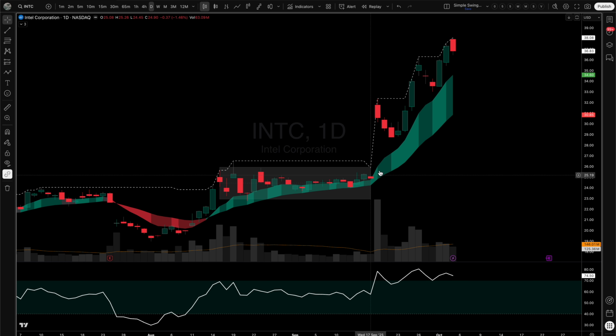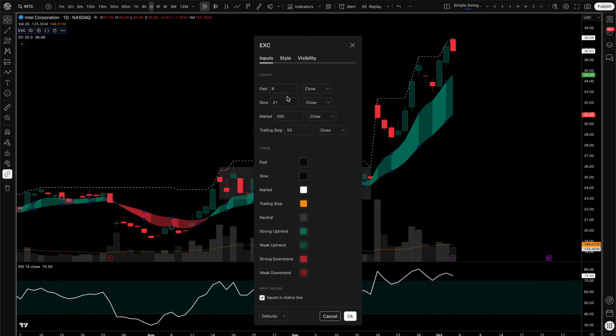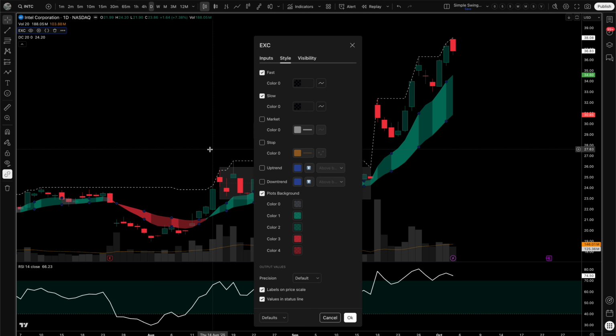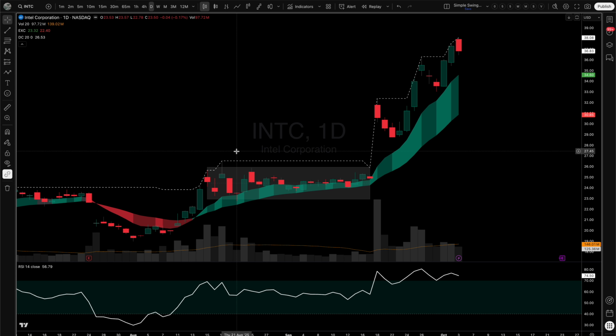And then we've got the EMA cross cloud indicator. I made this a really long time ago, and it's just 8 and 21. I made some modifications, and I'll share the link to this layout in the YouTube description, so you'll be able to find this stuff.